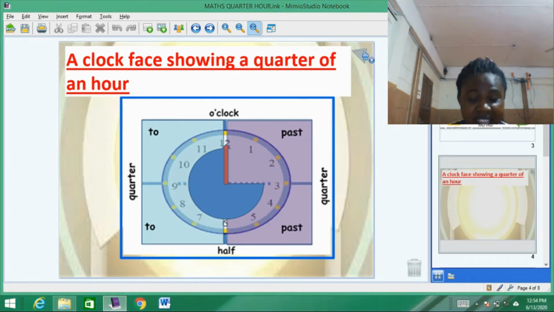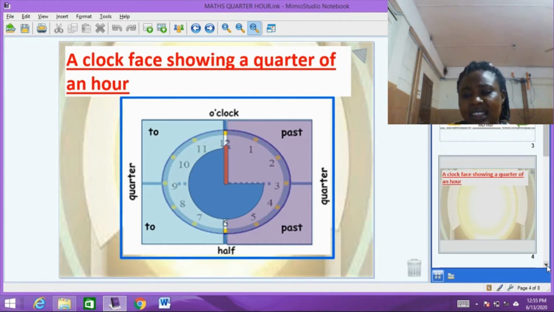Now, when we have a clock moving round, the minute hand moves round to 3. It's telling us that it is quarter after, or quarter past.